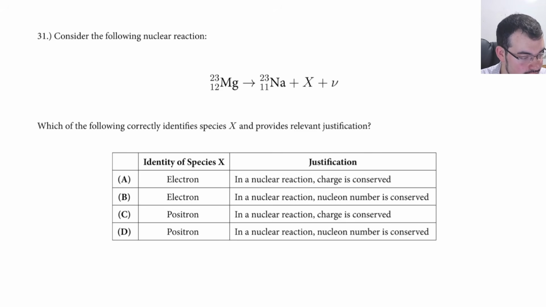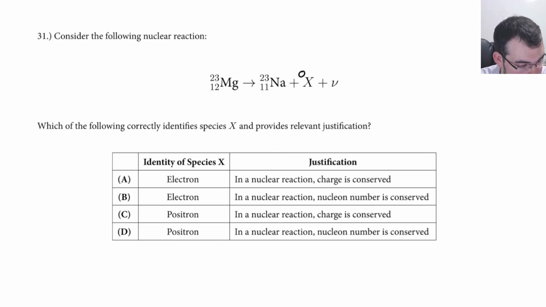All right, onto nuclear decay of all things. So we want to figure out what this missing species is in this reaction. So what do we need? Well, first we need to conserve the number of nucleons. That's checked, right? I have 23 protons and neutrons. But we also need to conserve charge. So we know that whatever this is, it has 0 nucleons in it because 23 equals 23.